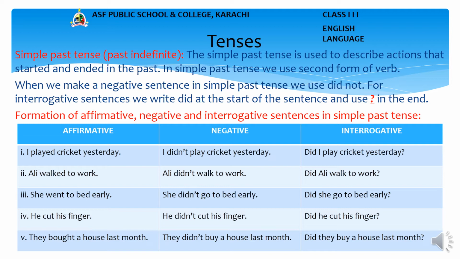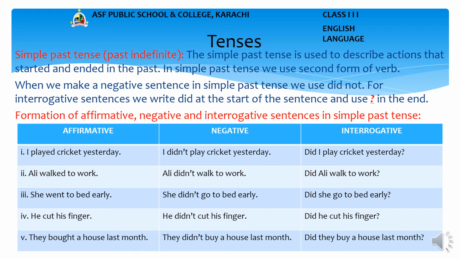Now look at example number 3 of affirmative sentence. She went to bed early. Negative. She didn't go to bed early. Interrogative. Did she go to bed early? Example number 4. He cut his finger. Negative. He didn't cut his finger. Interrogative.